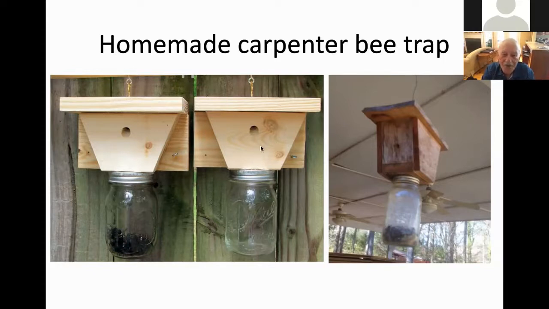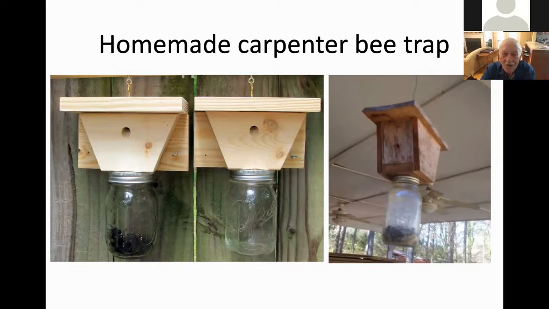So what happens is carpenter bees are always investigating potential nest sites in wood. So you hang this in areas around buildings. They will enter, and in fact, both males and females enter, but we're primarily trying to get rid of the females, since they're the ones who make the nests and produce the new offspring populations.